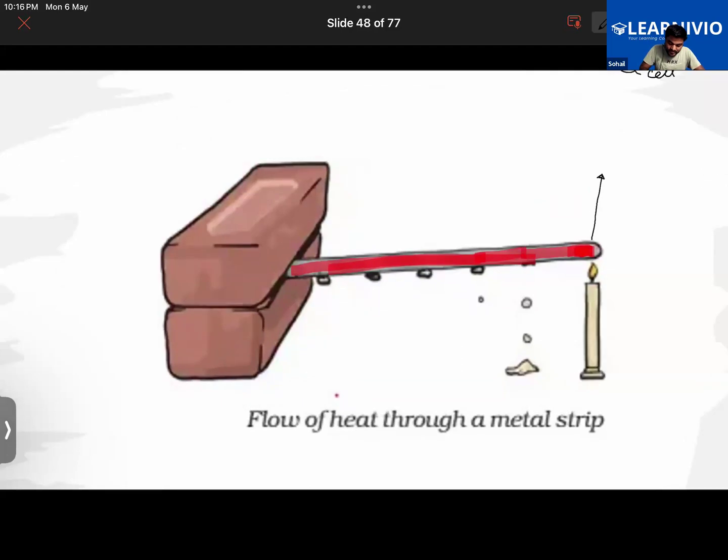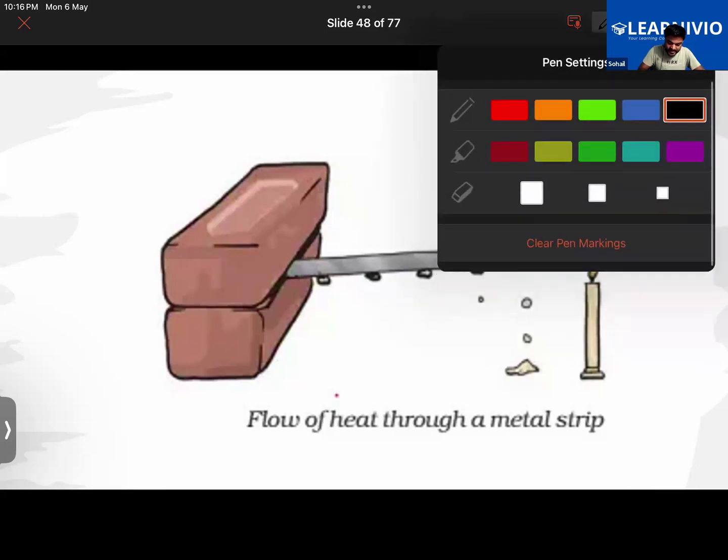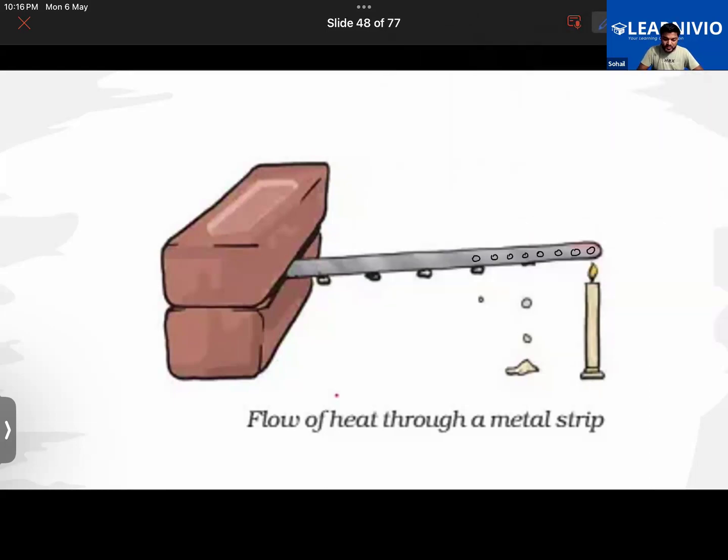There would be millions and millions of atoms present inside this metal rod. Just for the convenience of understanding, let's say I have drawn a few atoms. Once I start to heat this end of the metal rod, these atoms gain heat energy. Heat is a form of energy, you know that.